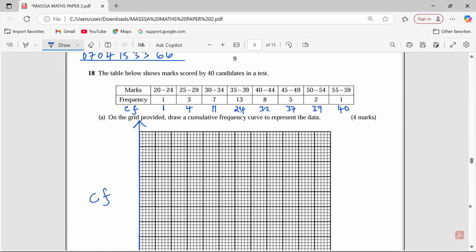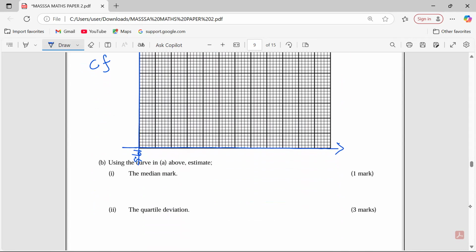So I go to 24.5, then 29.5, 34.5, then 39.5, then after this, we can have 44.5.